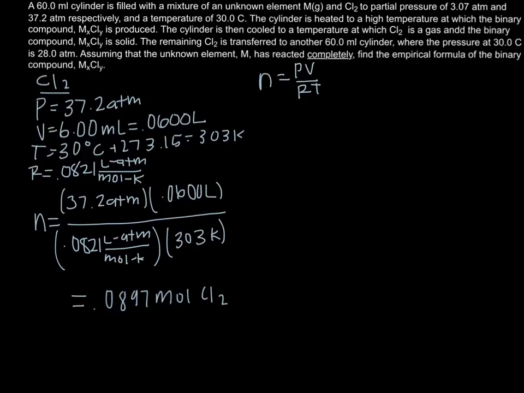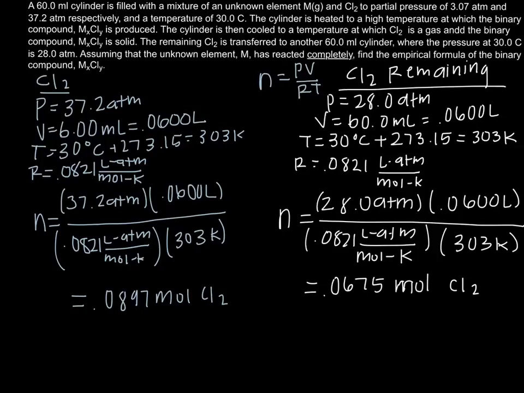The temperature is 30 degrees Celsius, but we add 273.15 and we get 303 kelvins, and we use the constant R, which is 0.0821 liters atm over mole K. We plug this into the formula, so we get 37.2 atm times 0.0600 liters over 0.0821 liters atmospheres over mole K times 303 K, which gives us 0.0897 moles of Cl2.